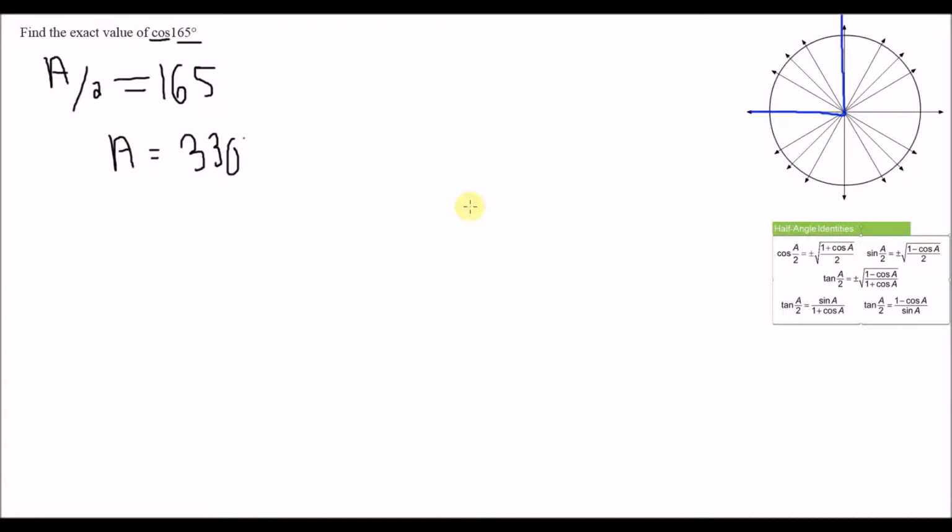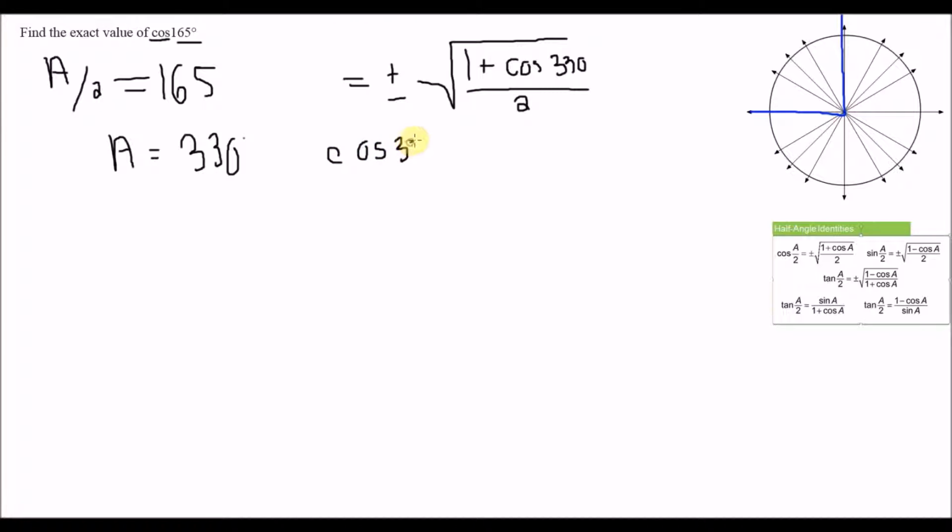So now we're going to write out the rest of the equation. And there it is. Okay. We want to find cosine 330, which is actually the same thing as in our other problems, square root 3 over 2.